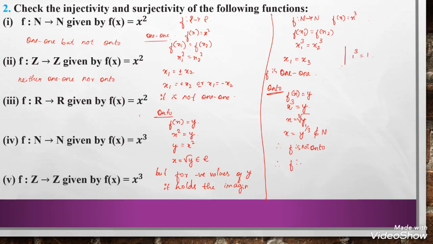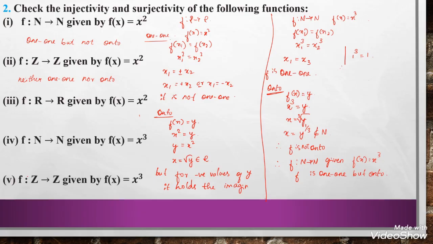Therefore, the given function N tends to N given by f of x is equal to x cube is one-one but not onto.